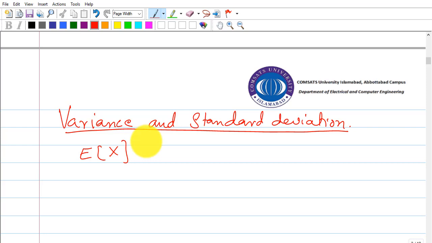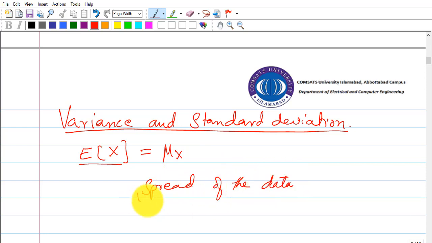Now sometimes the mean, or we just call it mu x, the expected value, does not give us the exact picture. So we have to look at the spread of the data.